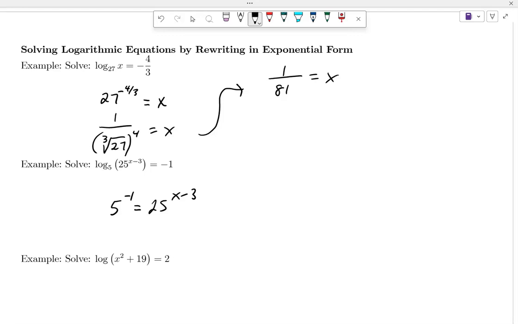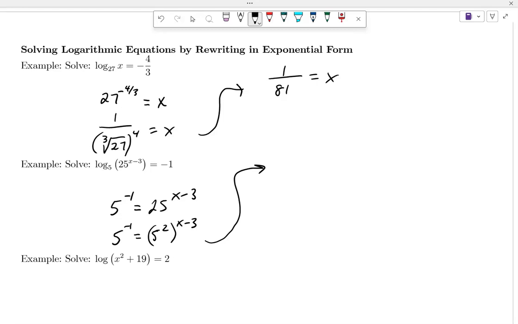Yeah. Remember when we got these exponential equations, the first thing we should look at is, can we get the same base on both sides easily? Can we? Yeah, what can you do with the 25? I get 5 squared. So I'd have 5 squared to the x minus 3.